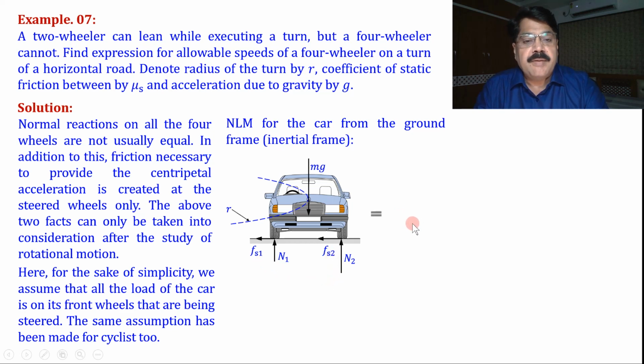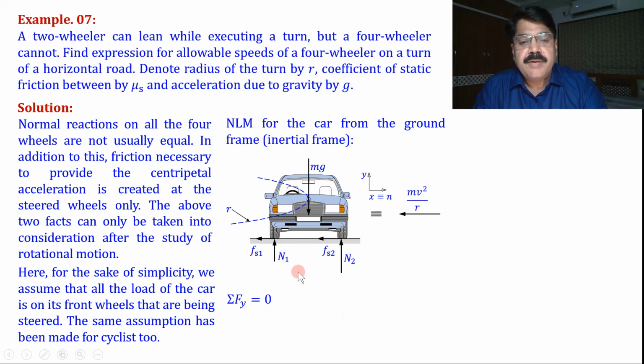And the kinetic diagram is mv square by r. I am not showing the car again here, just the normal component of the effective force. The coordinate axes are y vertical and x equal to normal. What can we write first? Summation Fy equals 0, because the car has no acceleration in the vertical direction.